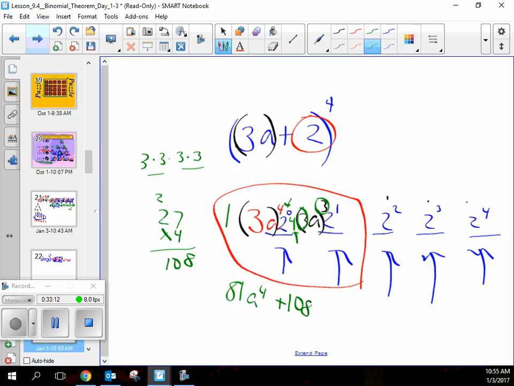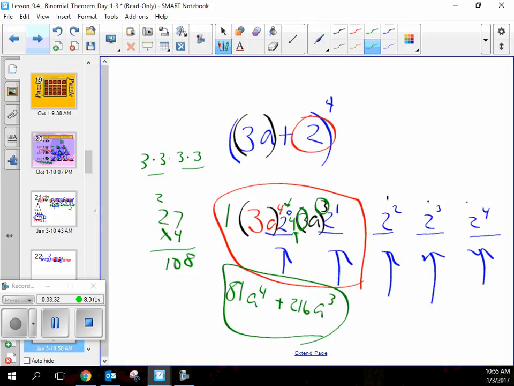And oh wait, then there's an a to the third times a 2. That 2 has to be times by the 108, which makes it 216 a to the third. Can anybody concur? Got the same answer as I did. And those are some of my top students, so I think we're right.